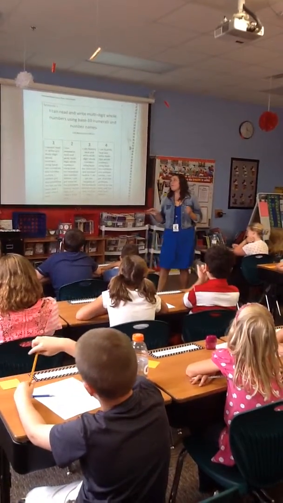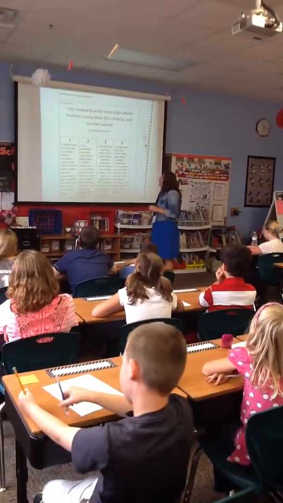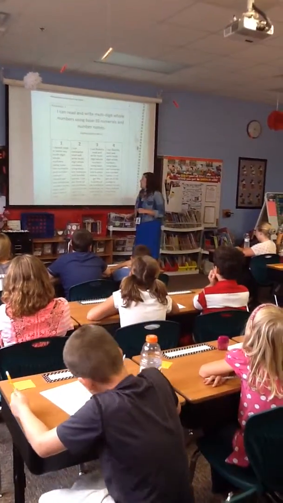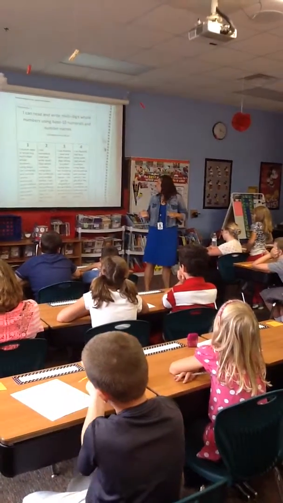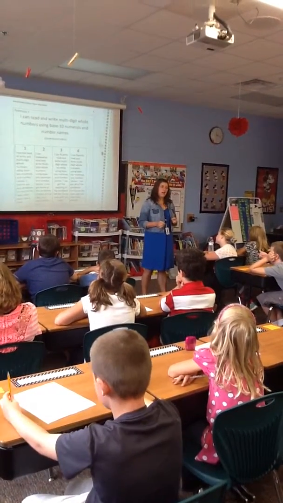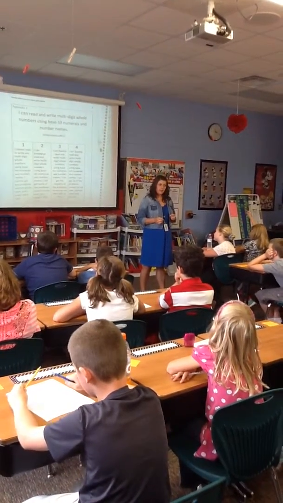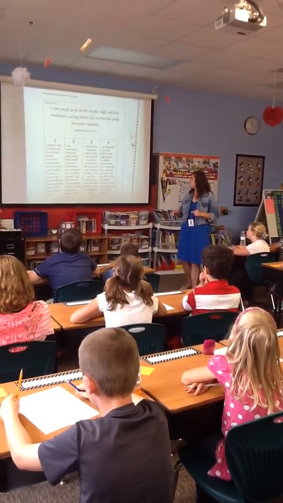If you were absent, you definitely probably would be a 1. A 2 says I can somewhat read and write these in standard form and word form. I kind of get it, and I would probably get some problems correct, but I still need some help. So you're starting to get it, but you still might need some help.